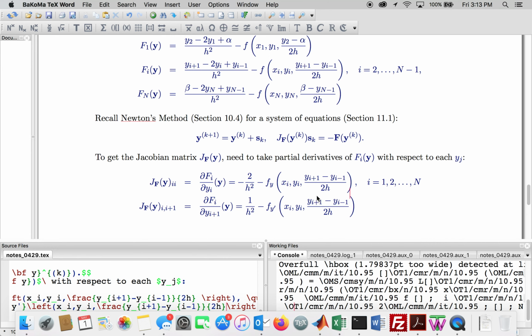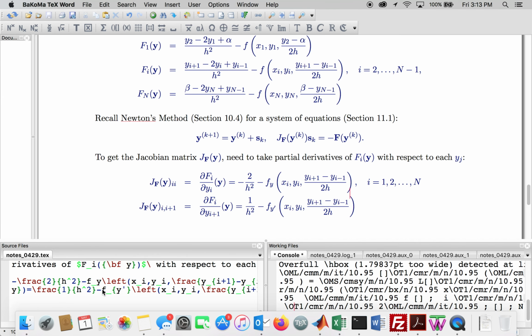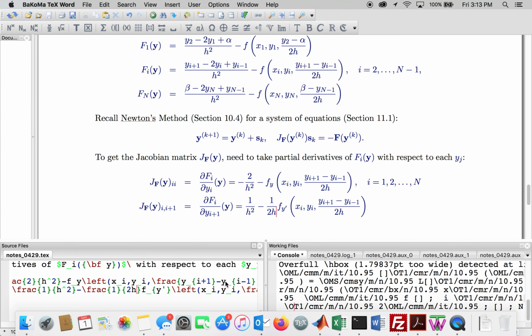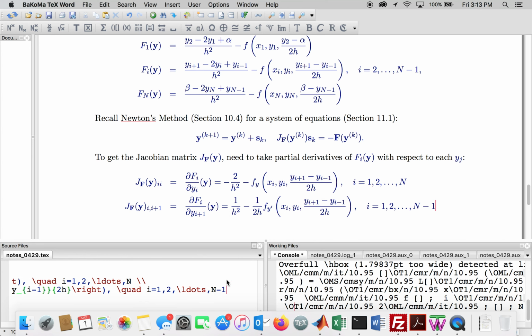So I can just go ahead and copy those. But then look at what's done to yi plus 1 here. It's multiplied by 1 over 2h. So by the chain rule, I need to include that as a factor. Whereas here we just have yi by itself, so I didn't need to multiply by anything. And this holds for i equal 1 up to n minus 1.